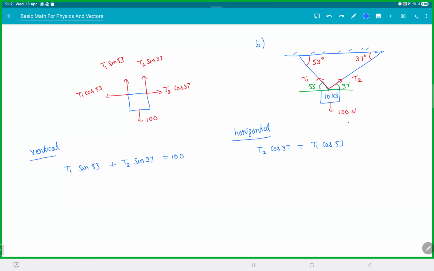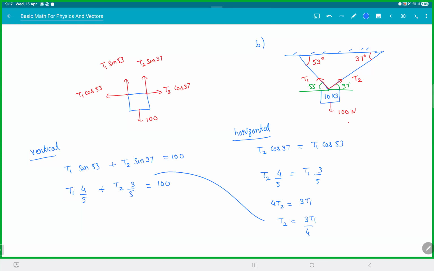Right, Karthik. So what is sine 53? Sine 53 is 4 by 5. Sine 37 is 3 by 5. Is equal to 100. What is this guy? T2 cos 37 is 4 by 5 times T2, and T1 is 3 by 5. So from here we get 4 T2 is 3 T1. So I can write T2 is equal to 3 T1 by 4.